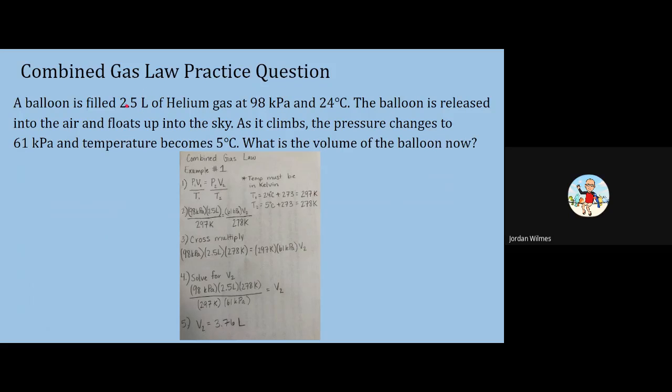Liters references the volume. Kilopascal references pressure. Celsius or Kelvin is temperature. So if you're having problem recognizing those, go back to when we talked about volume and pressure and look at some of the different units that we've been using. I think that will help with this identifying step.